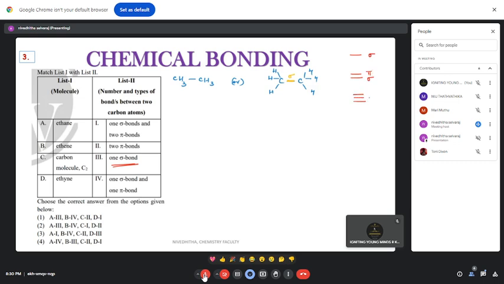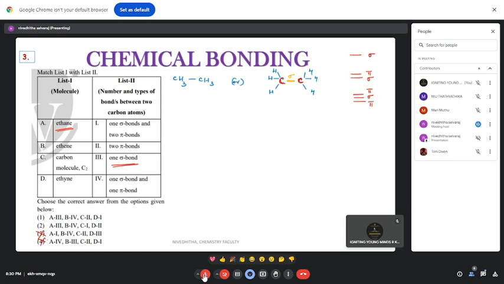If it is a triple bond, among which one is sigma and the rest of the bonds are pi. So between these two carbon atoms, we got only one bond, which is a single bond. Then that is supposed to be a sigma bond, right? So as far as ethane is concerned, we have only one sigma bond between two carbon atoms. So for A, it is 3. So definitely C and D were ruled out.